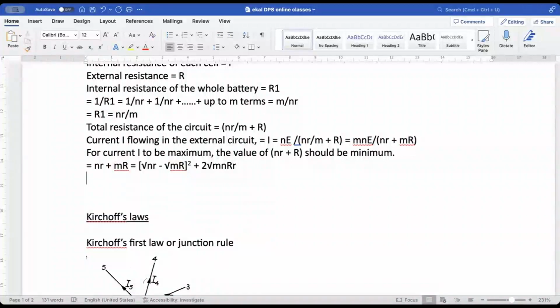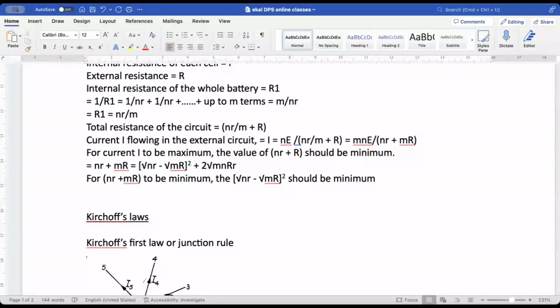So for nr plus mR to be minimum, this quantity should be minimum.